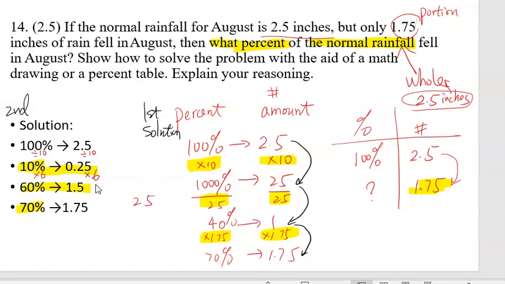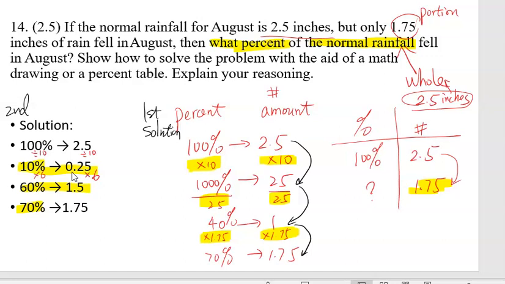You can kind of do that on your scratch paper. 5 times 6 is 30. 2 times 6 is 12. 12 plus 3 is 15. And with the 2 decimal places, it's going to be 1.5. Again, you can use the calculator to do that part. And notice that 0.25 and 1.5 add up to exactly 1.75.